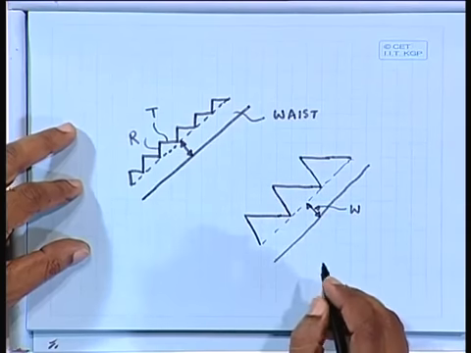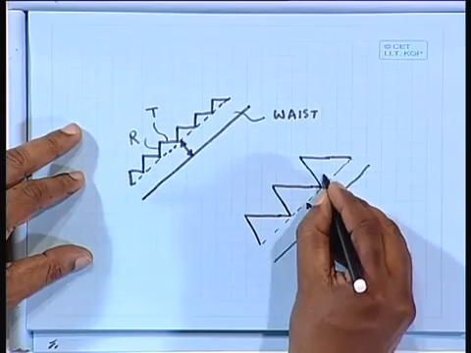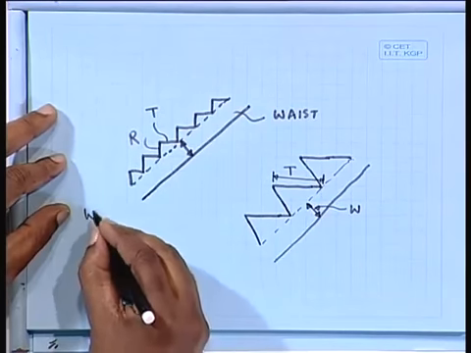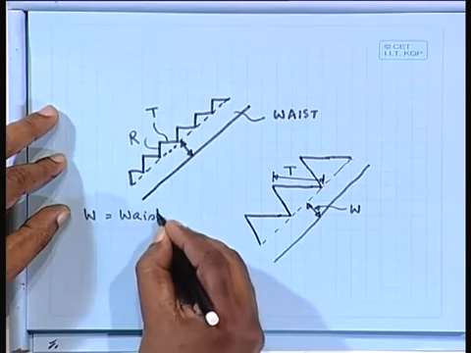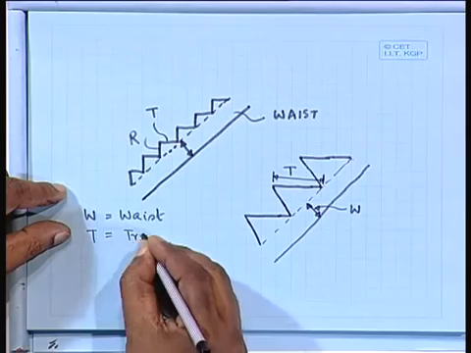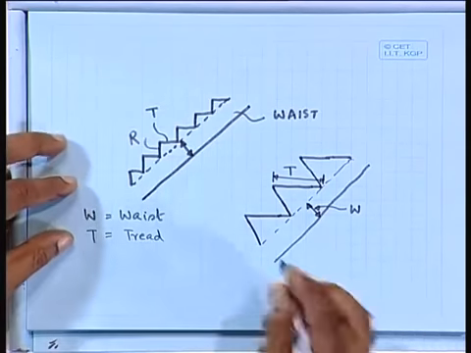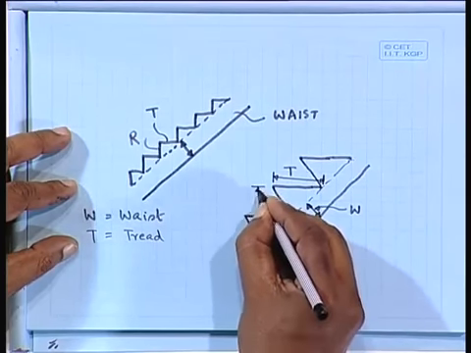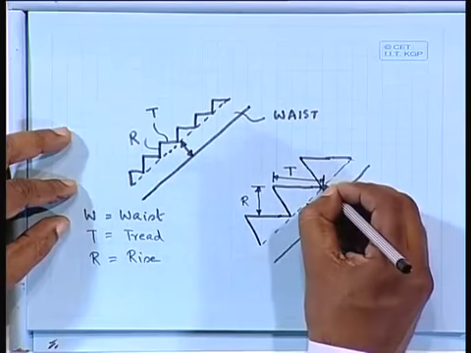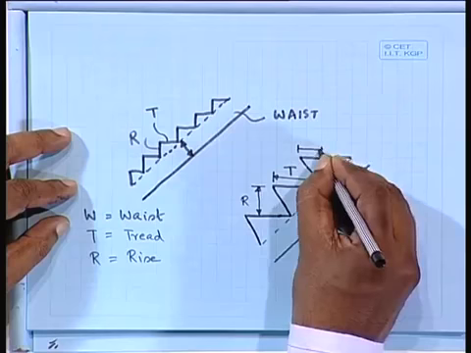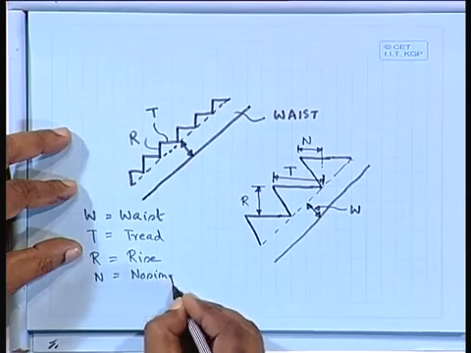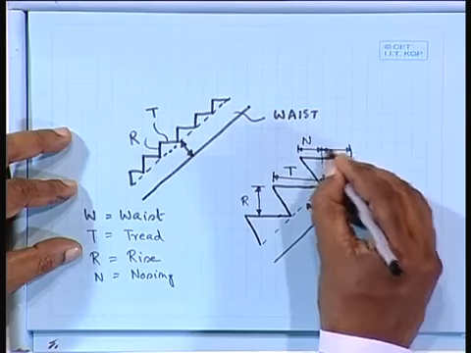This is W, which is called the waist. Then from here to here we have the tread, T. So W is the waist, then T is the tread, then we have R, which is called the rise, and we have a certain portion called the nosing, and this portion is called the going.